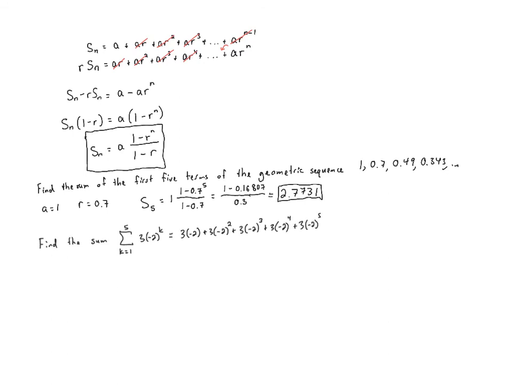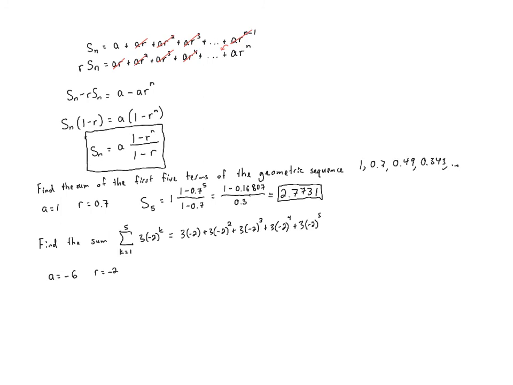But instead of going through and doing all of that out, we recognize that these are the terms of a geometric sequence. The first term is negative 6. So in this case, our a is negative 6. And then the common ratio is negative 2, because for each subsequent term, we're multiplying by another factor of negative 2.